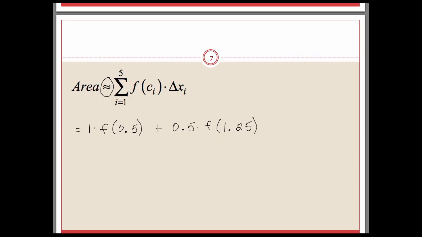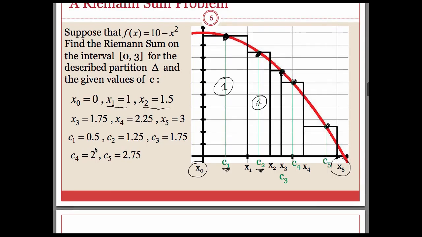All right, third rectangle. So the third rectangle is the skinny one, this one right here. That's going from x2 to x3. So that has a width of just 0.25. And notice the height of that, it's actually this right endpoint right there. Notice how c3 and x3 are really the same numerical value.